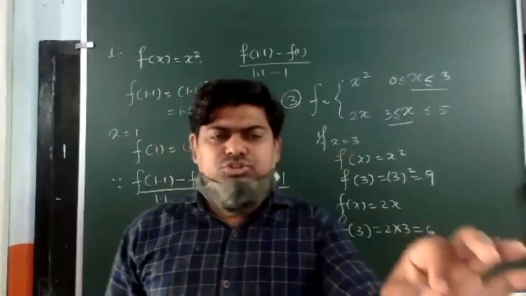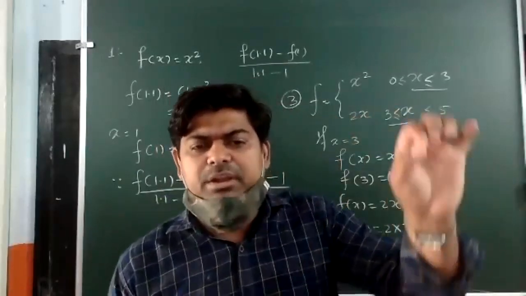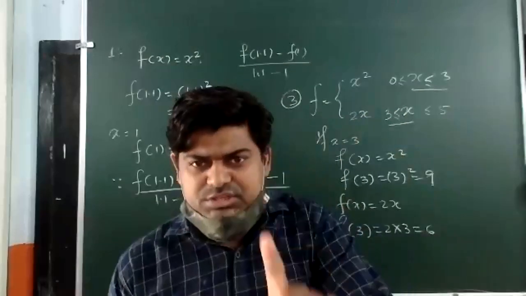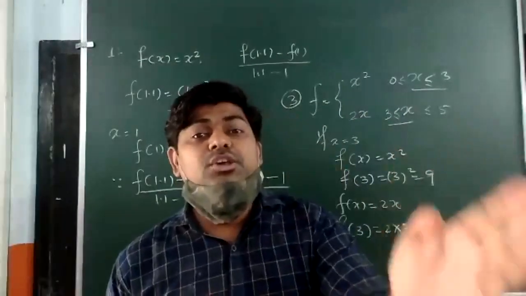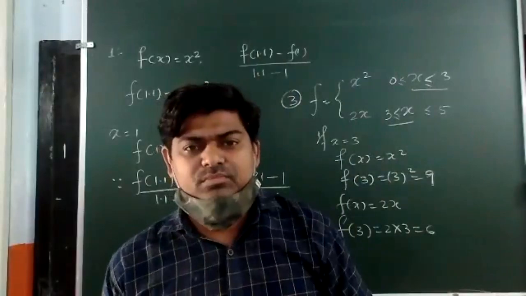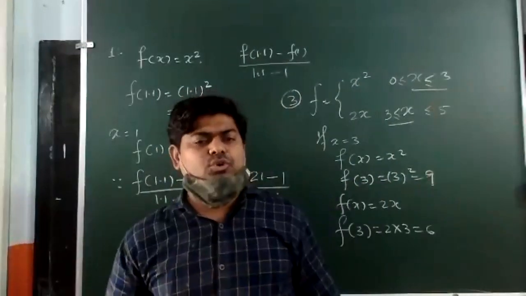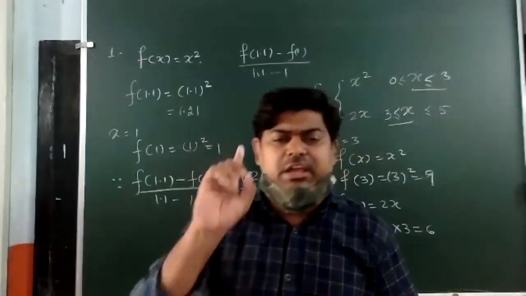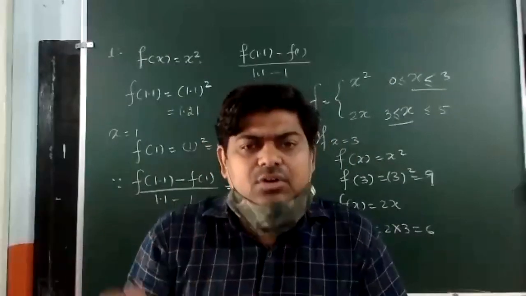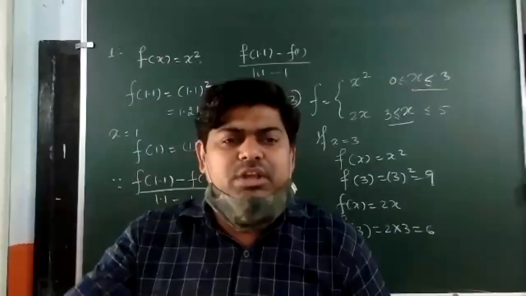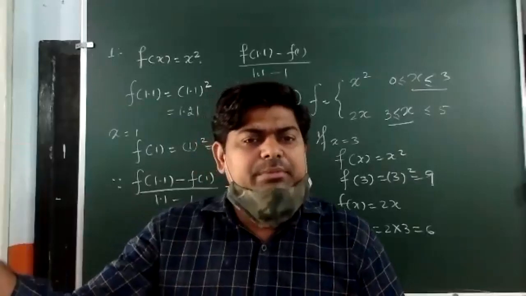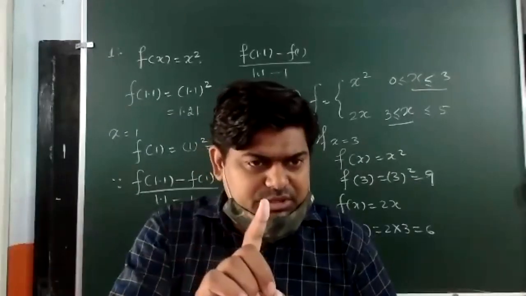If you remember, the first condition is that every element of A should be associated with at least one element of B. In simple language, we should not have a single element in A which is not associated with any element of B.